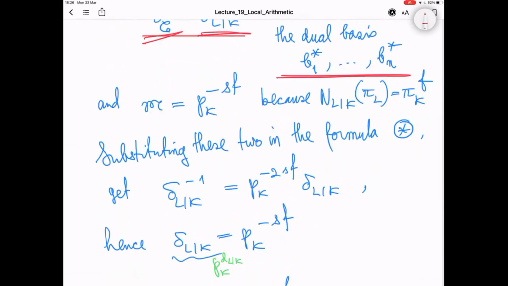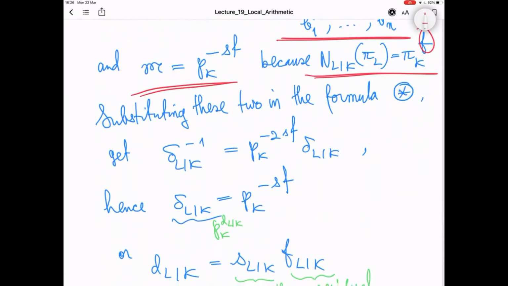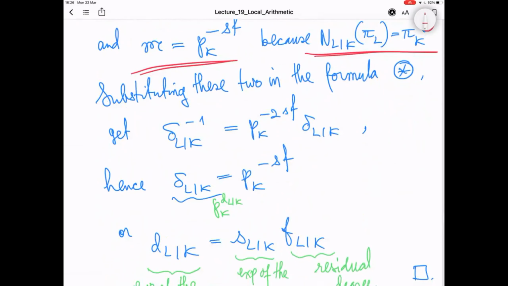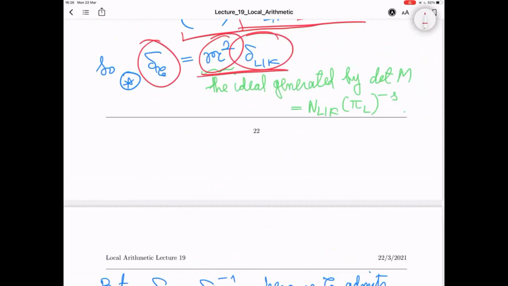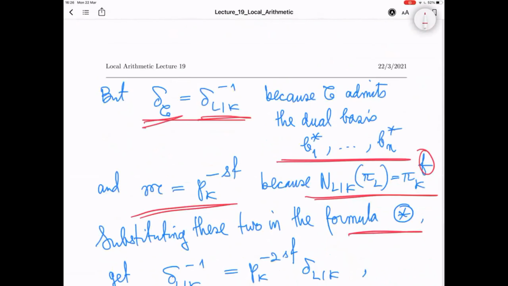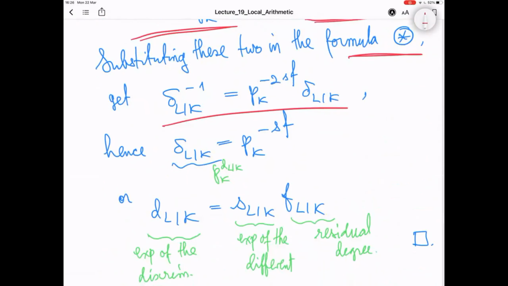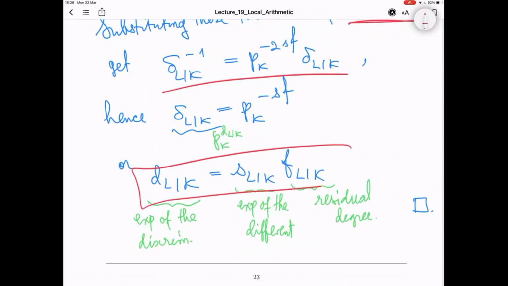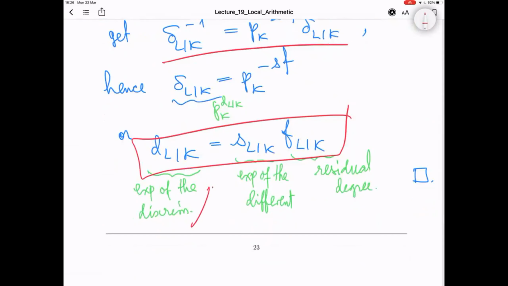So that gives you that M is, and also M is equal to this because the norm of pi_L is pi_K to the power f. This is the residual degree. So these two relations, when I put them back into the formula star, this was the formula star here, I get this here, which can be rewritten as saying that the exponent of the discriminant is the exponent of the different times the residual degree.